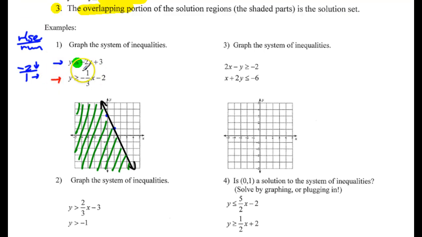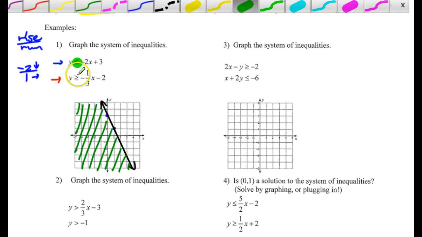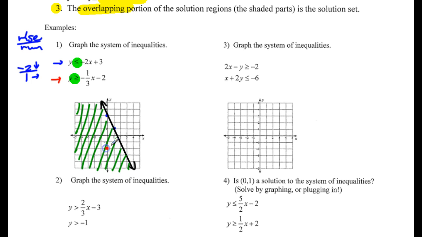The second one, because we're not done, right? Now it says y is greater than or equal to negative 1/3 x minus 2. So we start with the y-intercept, which is at negative 2. And then our slope is negative 1/3. Remember, when this fraction is negative, it means only one number is negative. Most people put it on the top, so we'll put it on the top number.